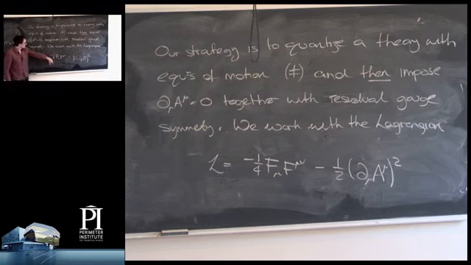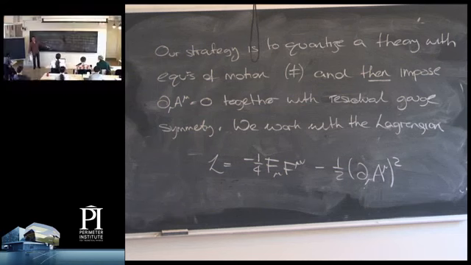Okay, so we're going to work with this Lagrangian. So what's the purpose of this Lagrangian? Well, if you compute the equations of motion from this Lagrangian, it's equal to this. Now, if I work with this Lagrangian, I get these as the equations of motion immediately, but they're only going to agree with Maxwell theory if I subsequently impose this Lorentz condition.